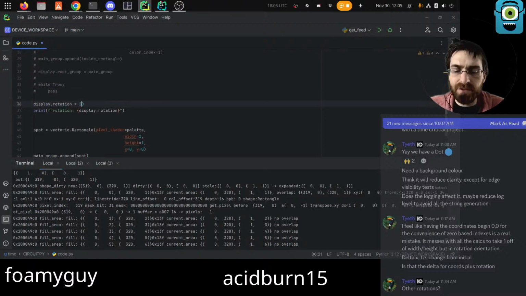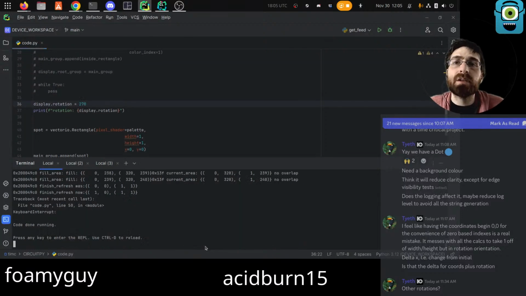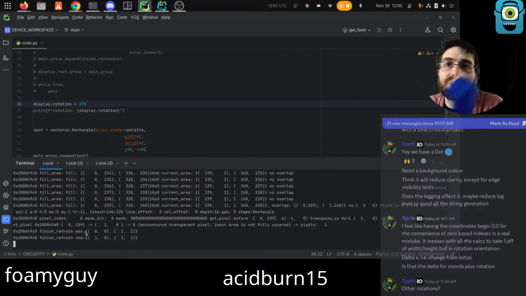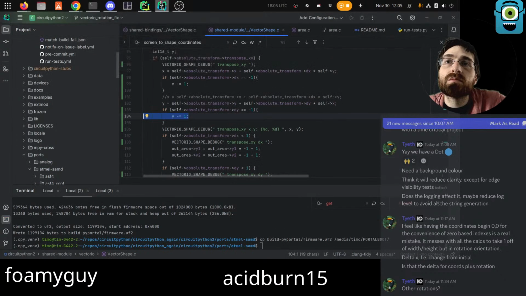Okay, back to 270. Okay, it's at the bottom. Actually, that's nice. We don't have to scroll as far. So transpose xy, xy is right here. So we want that to be 0, 0.